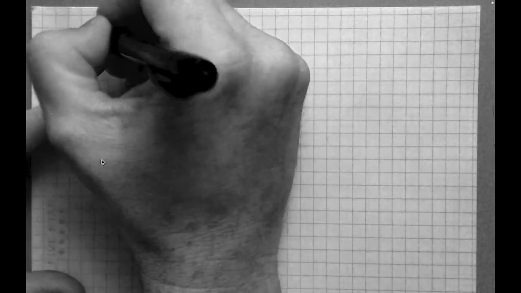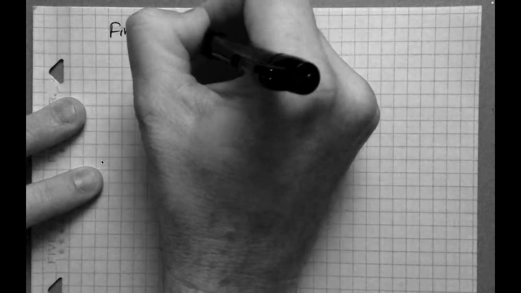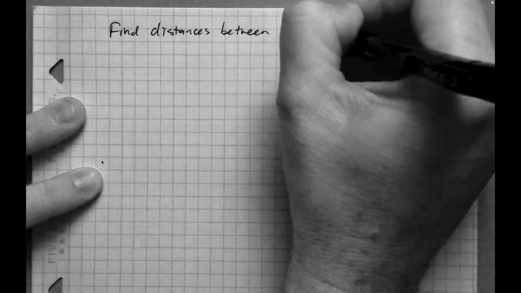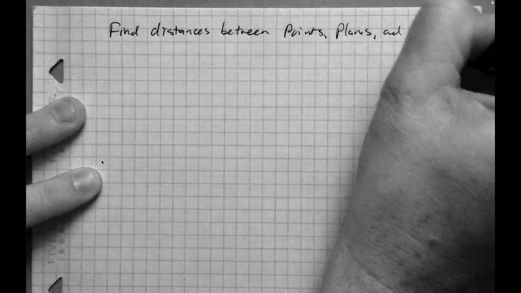Right, so there's two basic problems that we want to address before we call an end to Lecture 5, and that is the problem of finding distances between points, planes, and lines. So we need to be able to find distances between points, planes, and lines.